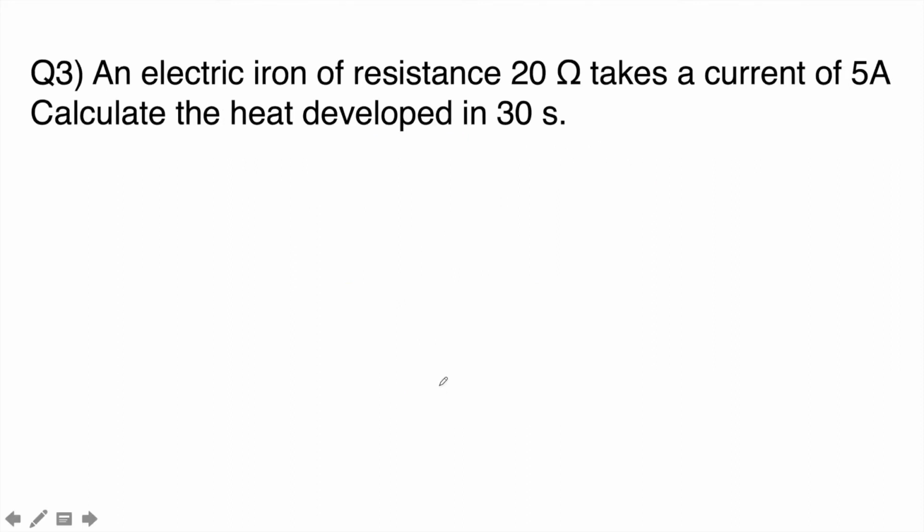Question number 3. An electric iron of resistance 20 ohm takes a current of 5 ampere. Calculate the heat developed in 30 seconds. So here resistance, current, time are given, so it is better to use this formula: H is equal to I square R into T. What is the I square here? 5 into 5. R is 20.